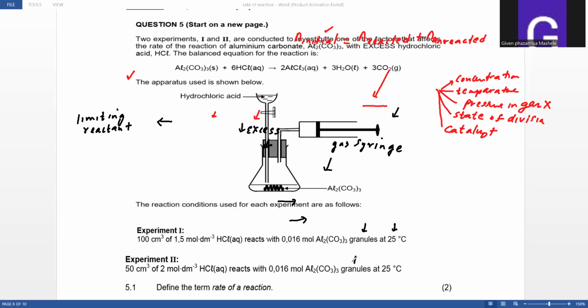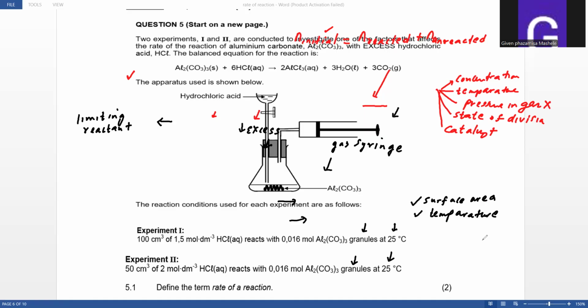This side is also granules at 25 degrees Celsius. So you can easily see that the surface area of the aluminum carbonate is controlled because they're both granules. And also the temperature is controlled. So the controlled variables here are surface area and temperature.